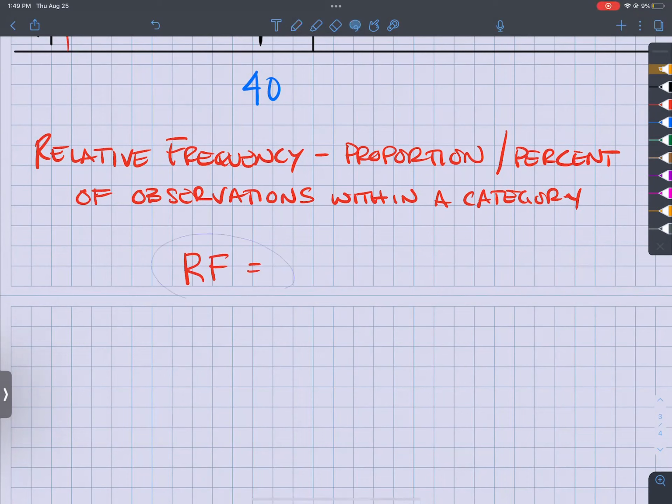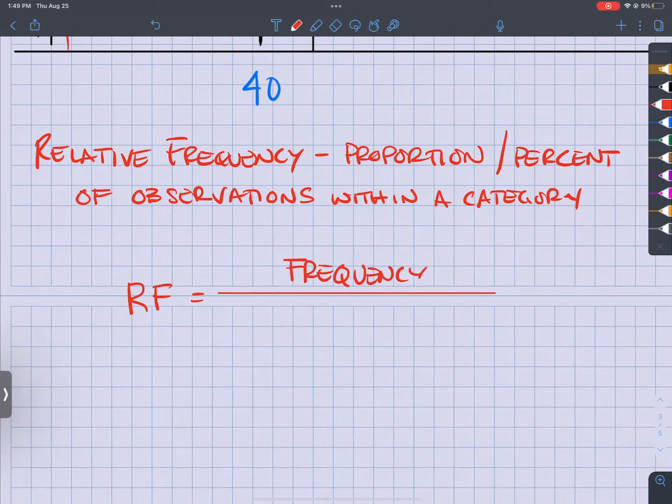So I do not like this formula whatsoever. It's a frequency divided by the sum of all frequencies.